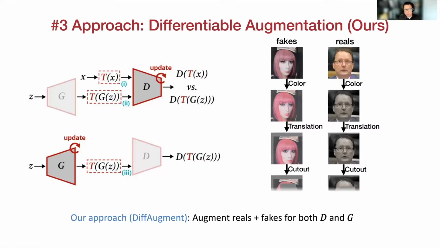We apply three types of augmentation, like color jittering, translation, and cutout. You can also do translation more like a cropping, but without changing the scale. And once we apply the augmentation, we can also get the gradients from the discriminator through these augmentation layers to the generator.